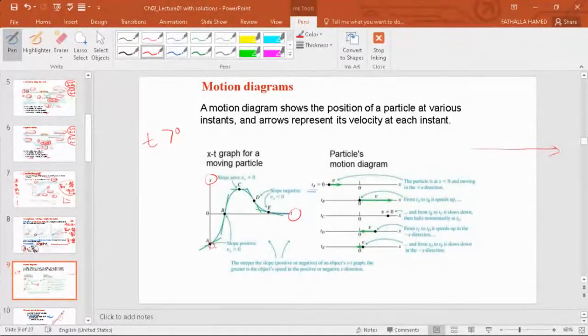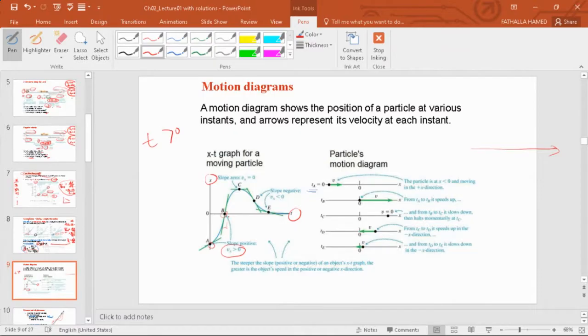And you'll find that the slope of this line here is positive. That's why we say that Vx here is greater than 0. If you come to point B here, you draw a line which is tangent to B, and you take the slope of this line. Of course, the rise here is bigger than this one, and delta t here may be smaller than this one. That's why you have a bigger value here.